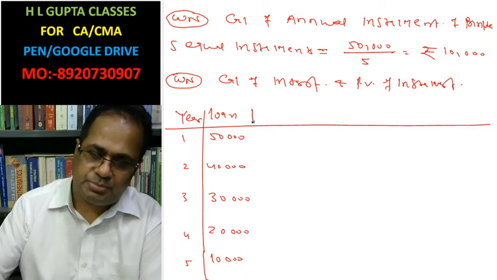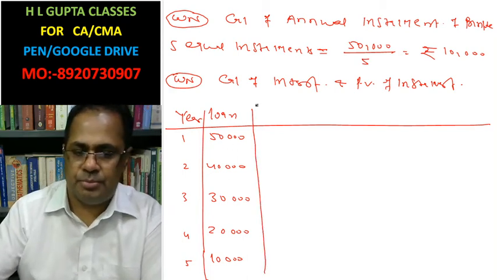That's why the loan will decrease by 10,000 each year.